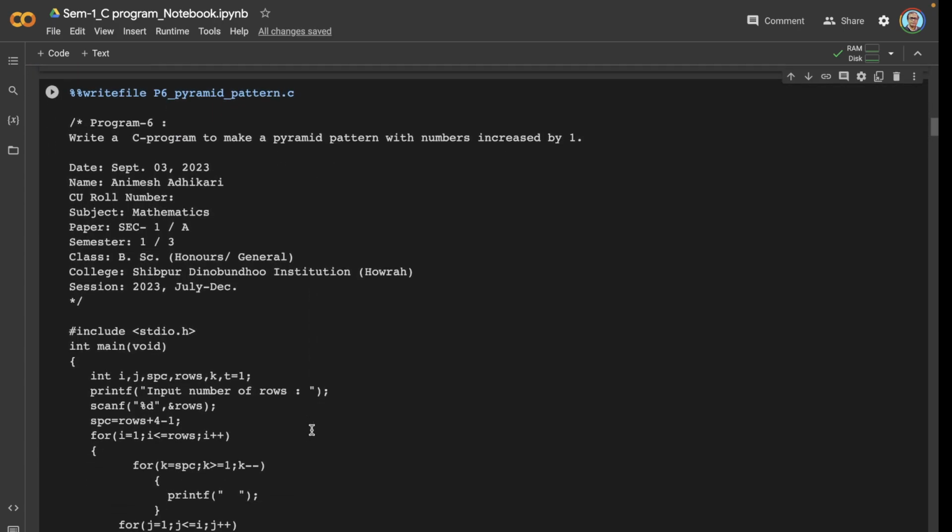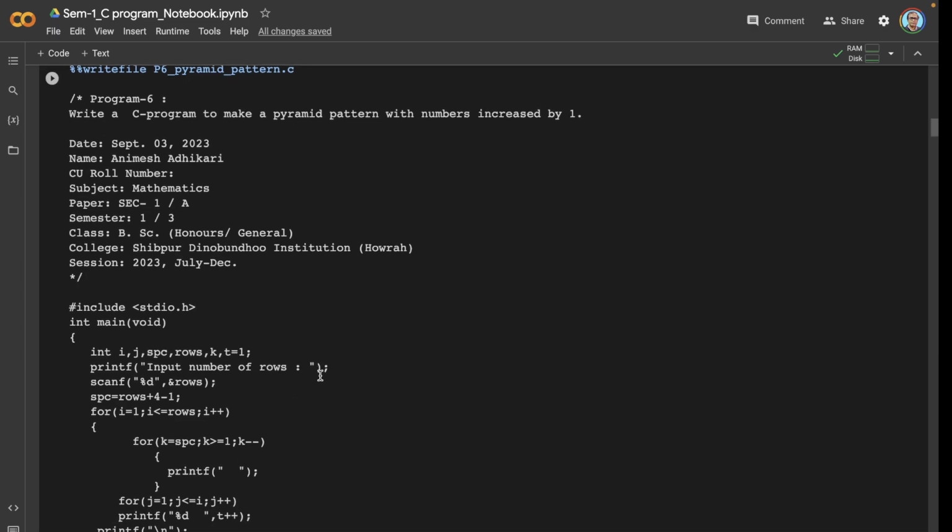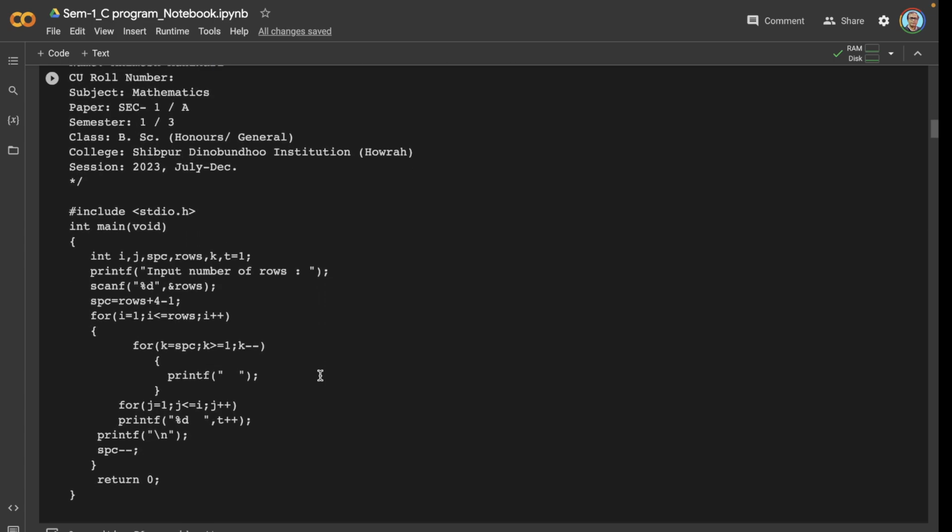Next, problem 6. Write a C program to make a pyramid pattern with numbers increased by 1. Here i, j, spc, rows, k, t are integer variables. Input number of rows, scanf rows, and spc equals rows plus 4 minus 1.